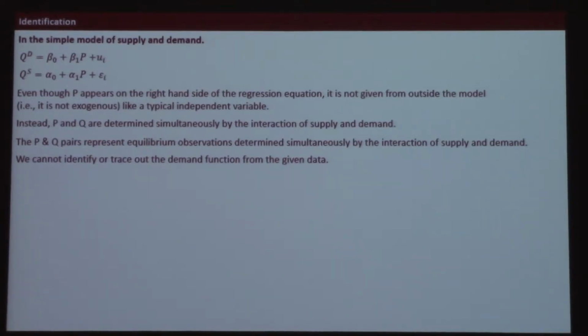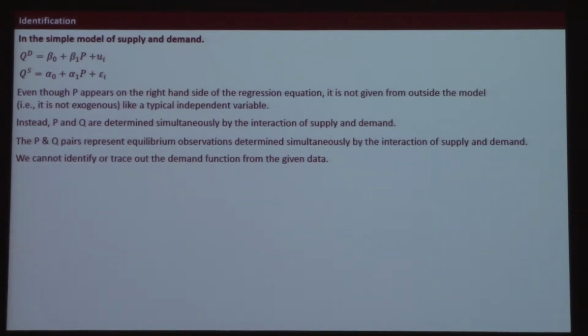It's endogenous. It's determined within the model. So it's not exogenous, like it's supposed to be. The entire regression process is based on the fact that our independent variables are exogenous and they exert influence on our dependent variables.